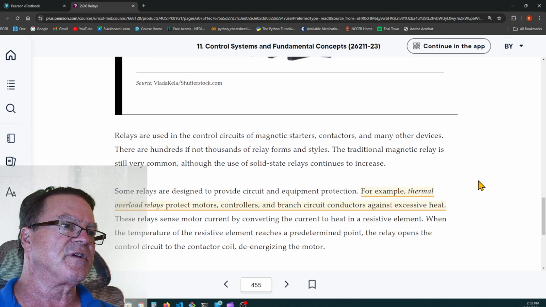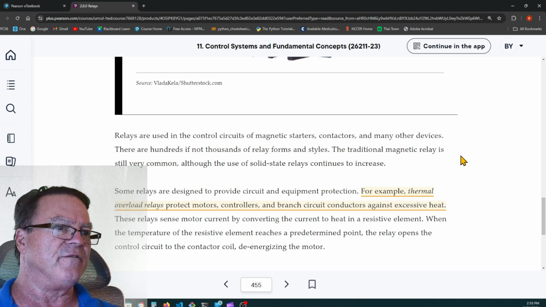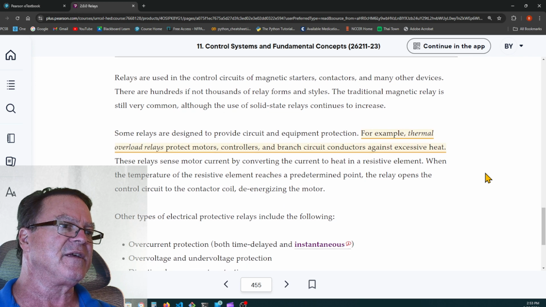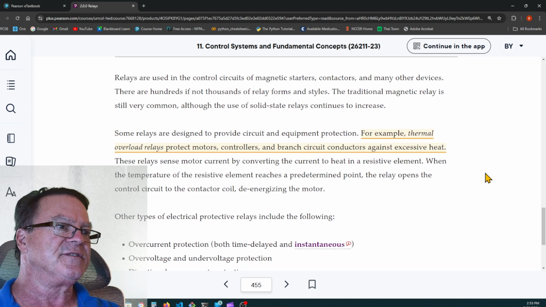Relays are used to control circuits of magnetic starters, contactors, and many other devices. There are hundreds, if not thousands, of relays of various forms and styles. The traditional magnetic relay is still very common, although the use of solid-state relays continues to increase. So here's a highlight. It says some relays are designed to provide circuit and equipment protection.